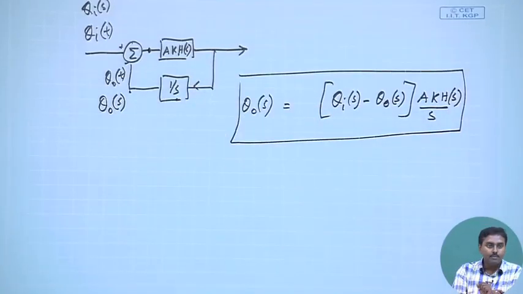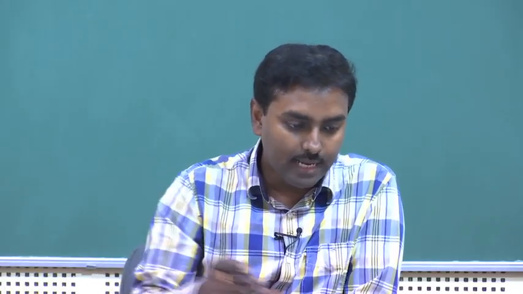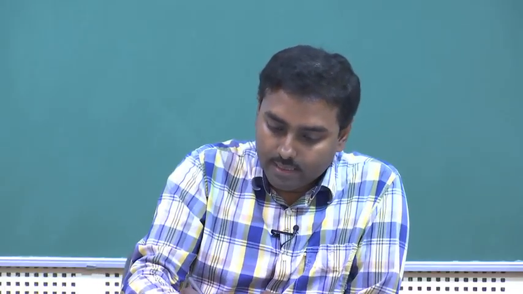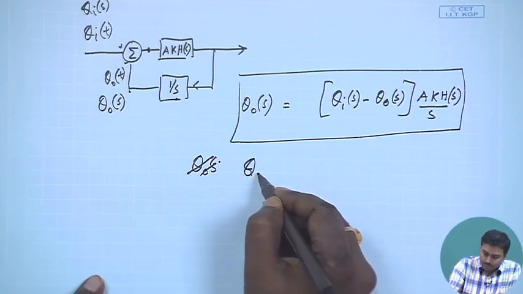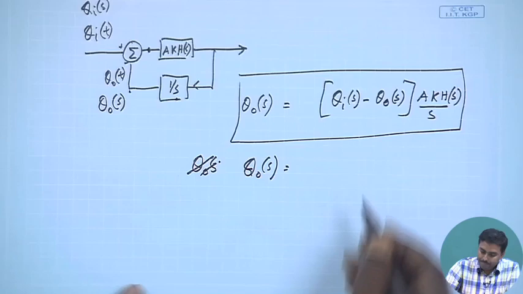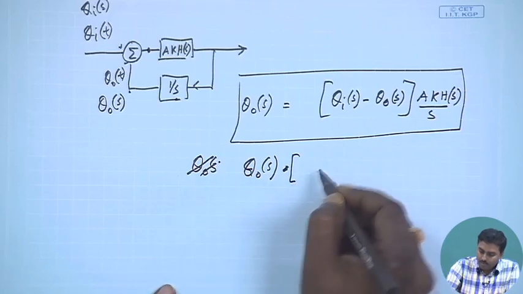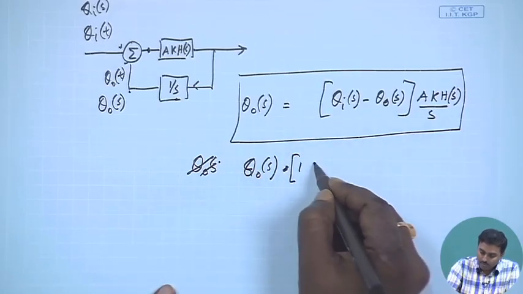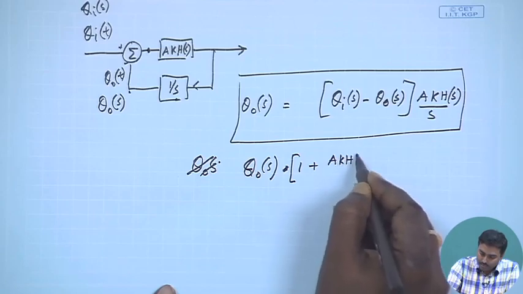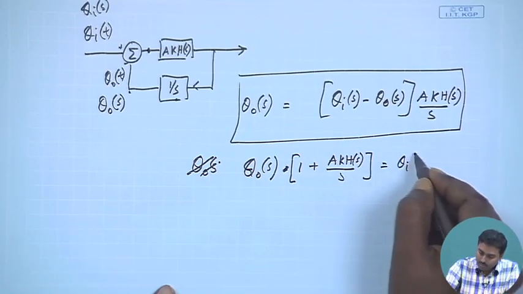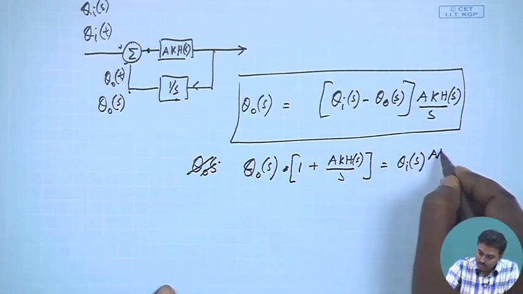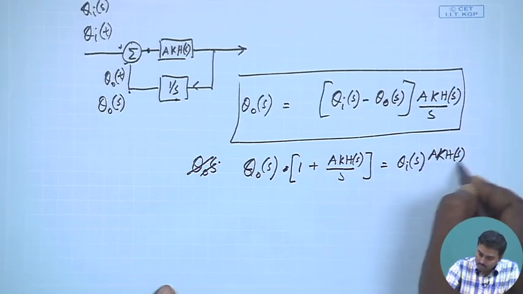Immediately I get a relationship between my output phase and input phase, right. So, what is that? I can write, if I put theta O s on this side, theta O s into A K H s divided by s equals theta I s into A K H s divided by s.